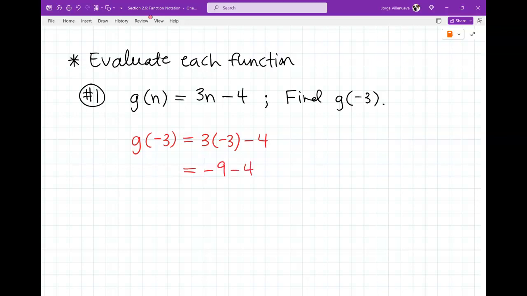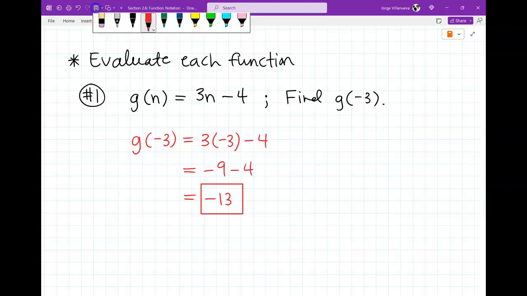And negative 9 minus 4 is negative 13. And this is your answer. That's it. Function notation is not hard. You're just plugging in a number and solving, okay? It's not meant to be difficult. It's just a new way to write it, so they want you to get used to it: if you put a number in here, that means they want you to plug it in, okay? So that's one of your homework problems.